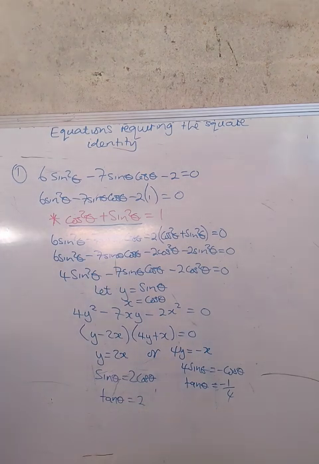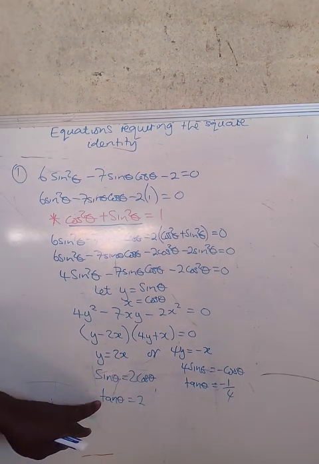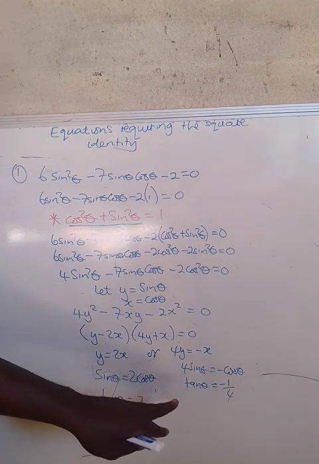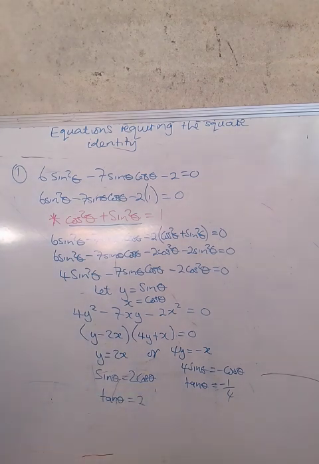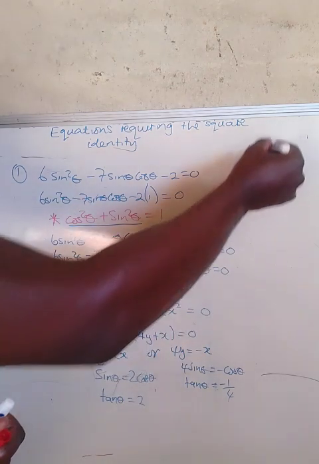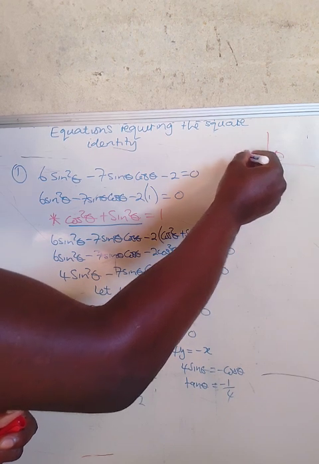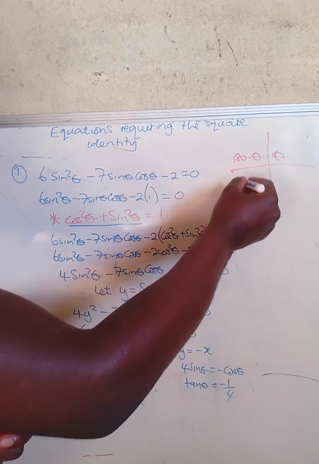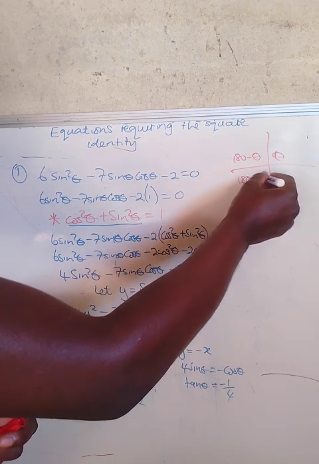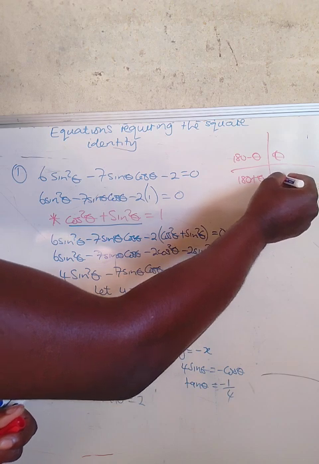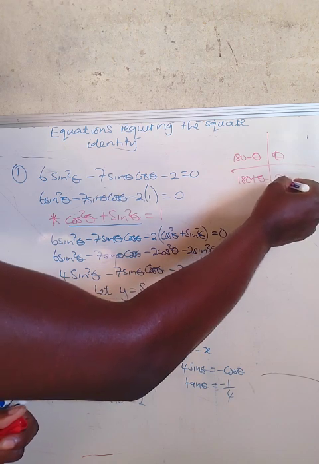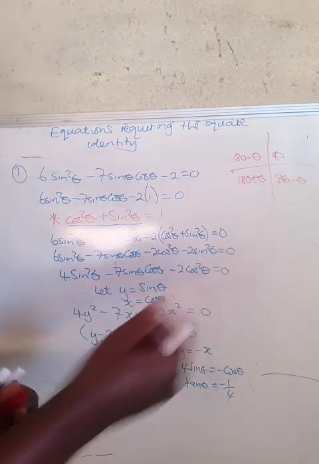So now we need to find the reference angle of the first one and the reference angle of the second one. And remember, when we want to use our 4 quadrants, theta, 180 minus theta, 180 plus theta and 360 minus theta.